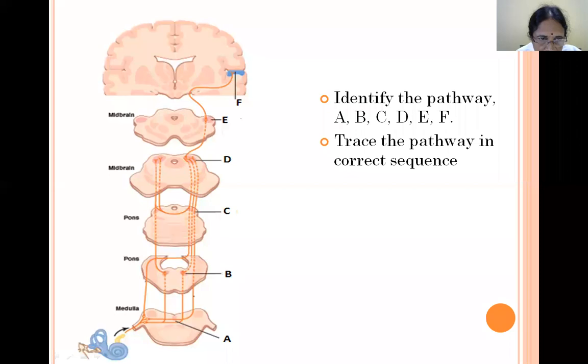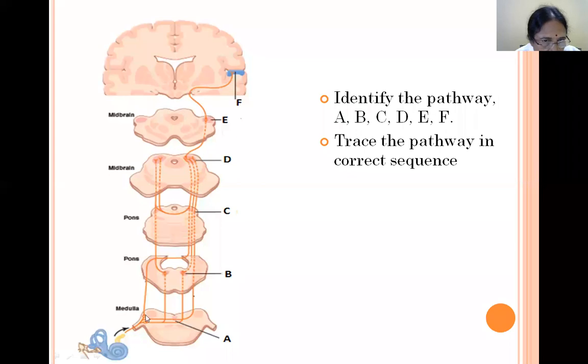And this is the pathway of hearing. In this chart you see the cochlea, semicircular canals, the division of the eighth cranial nerve, the cochlear nerve. Here they are entering the dorsal and ventral nuclei in the medulla.